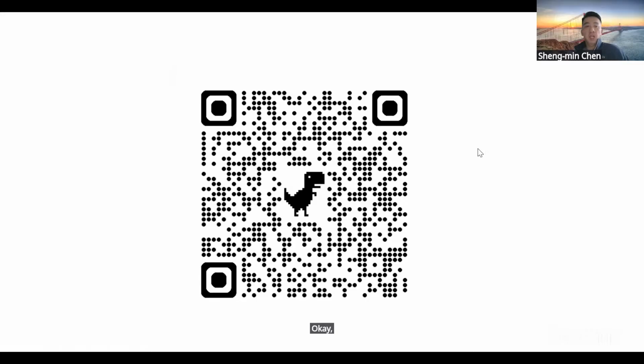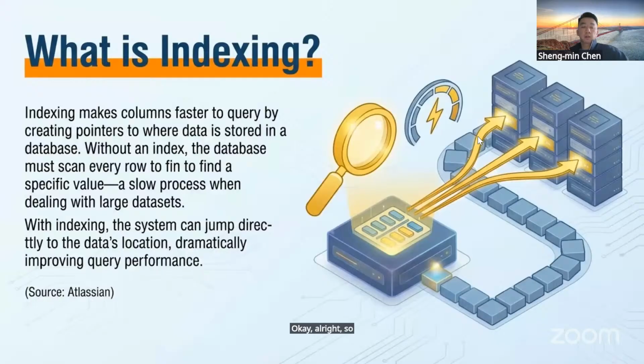Okay. All right. So continuing, if you are interested about indexing, please go to the lesson or just Google indexing in SQL databases. But here, again, it's kind of reiterating, okay?